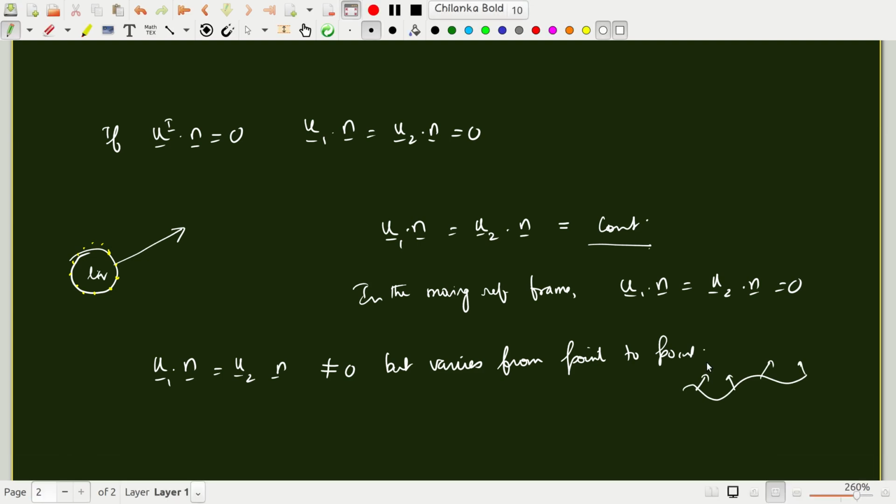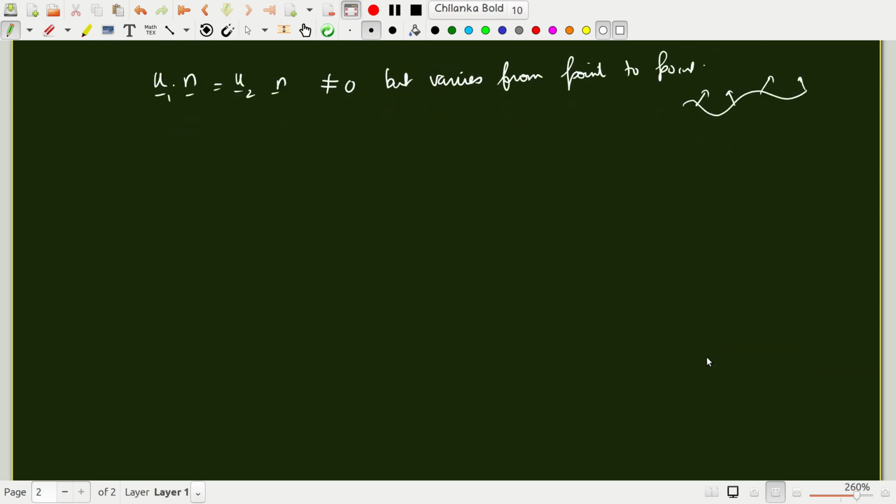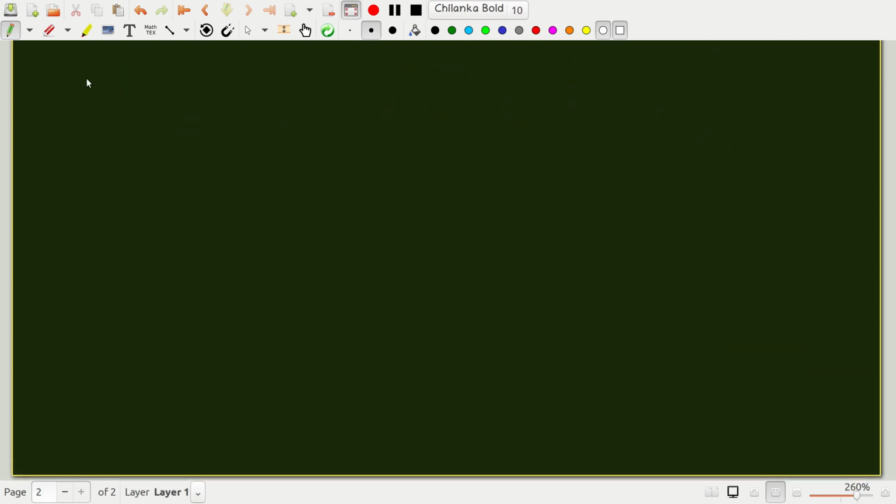Right now, let's go to tangential velocity. For fluid, this is the tangential velocity continuity condition at a fluid-fluid interface. This is the equivalent of the no slip condition.